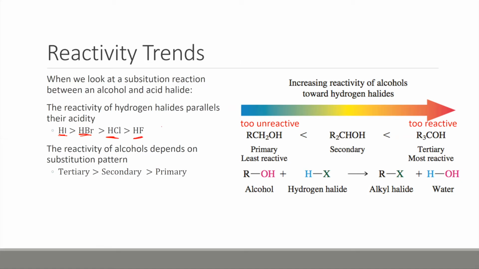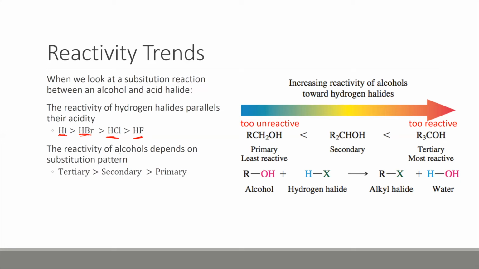Remember, when we talked about acidity, we looked at these, and in fact, in your lab, you also looked at these because of their bond lengths. Hydrogen fluoride is the least reactive, while hydrogen iodide is most reactive. And in general, this holds true for this reaction.